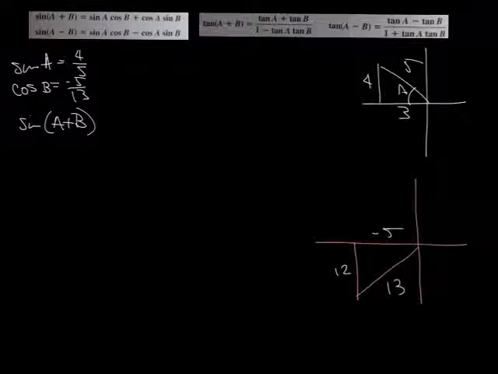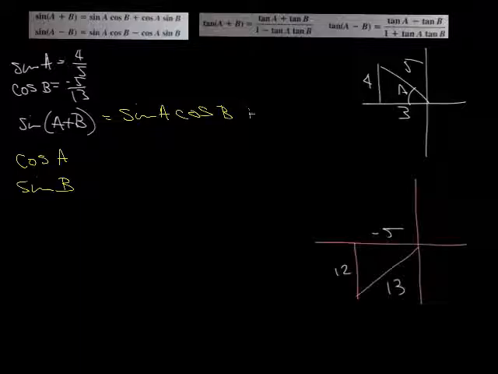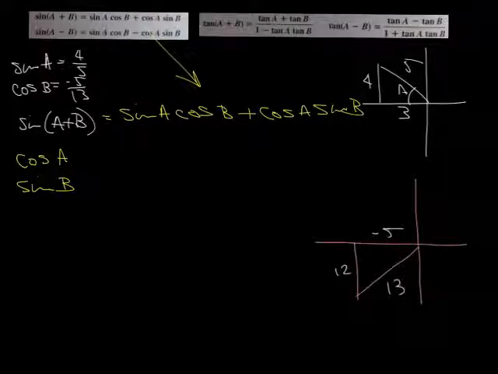We've got the sine of A and the cosine of B, so we need the cosine of A and the sine of B, because sine of A plus B is the sine of A cosine B plus cosine of A sine of B, and that's just taken from right there. So I've got the cosine of B and the sine of A, so I just need to find those two.